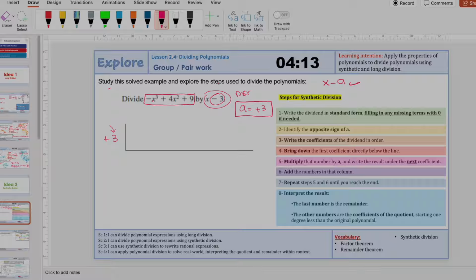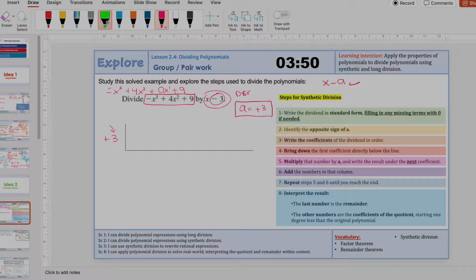For example, here the highest power is power of 3. Yes, negative x to the power of 3. Then comes power of 2, positive 4x squared. Now power of 1, I don't have it, so just fill in 0 power of 1, and then the number should be there. If there is no number, you have to write down 0. Okay, plus 9, there is a number.